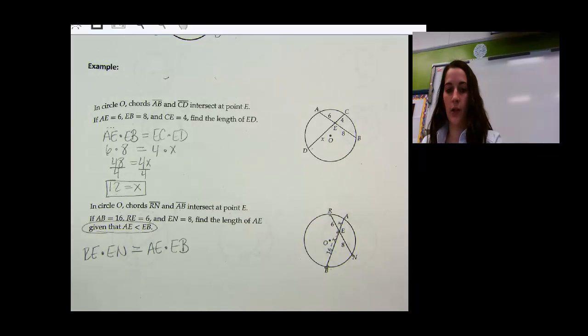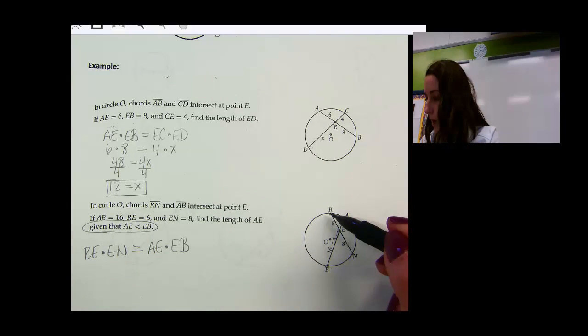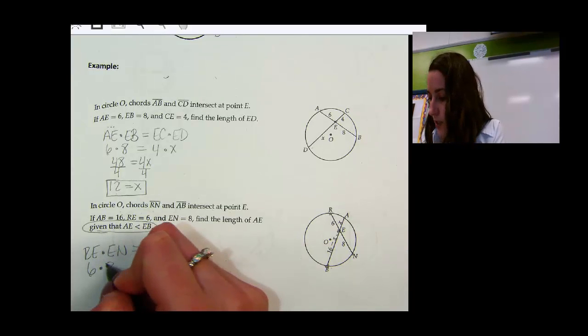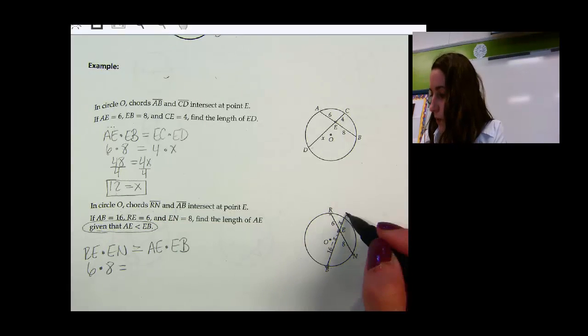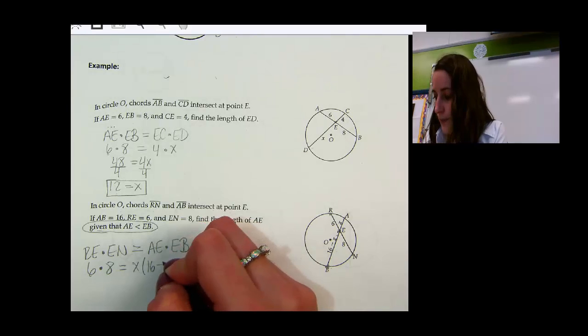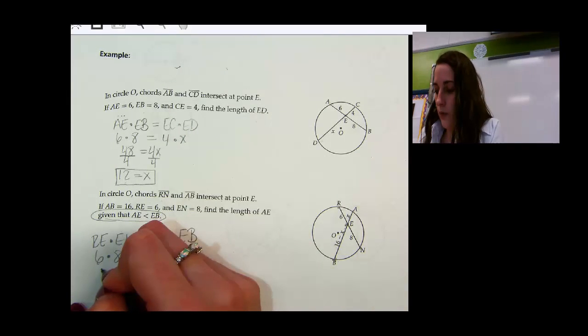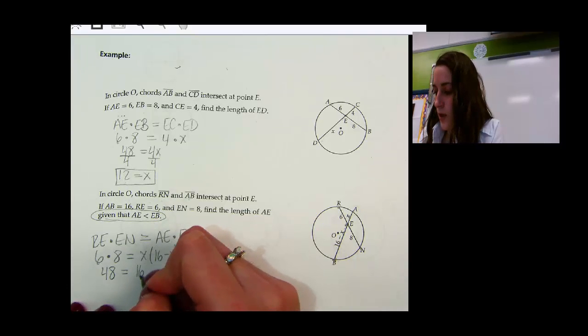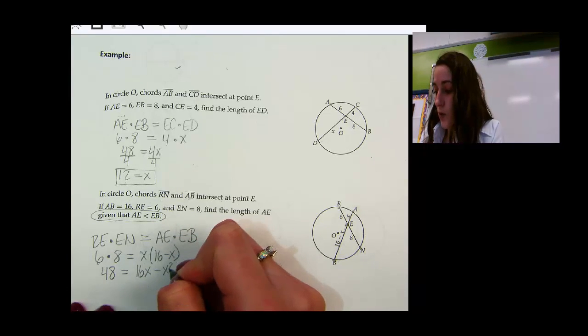So now we can go ahead and substitute in our values. RE is 6 times EN, which is 8, is equal to AE, which is X, times EB, which is 16 minus X. 48 is equal to 16X minus X squared.